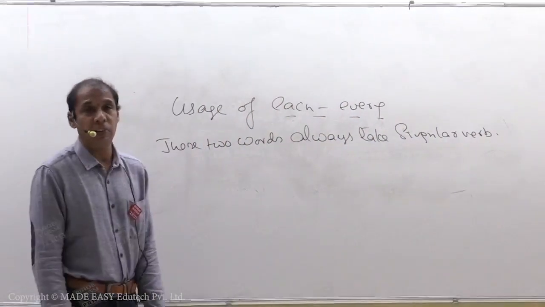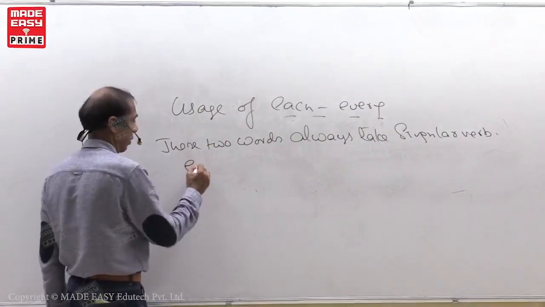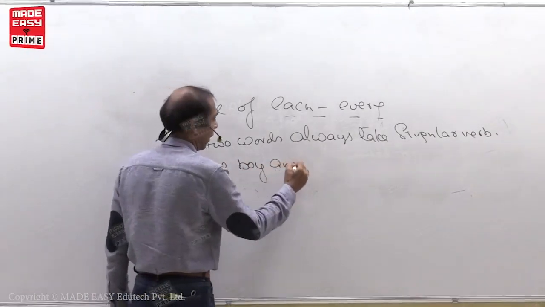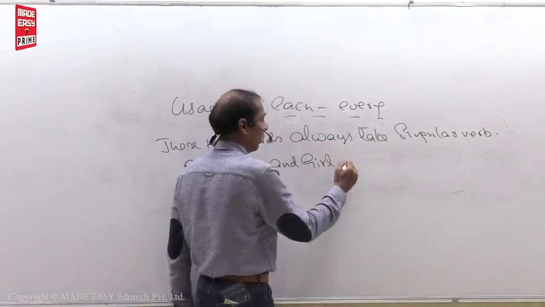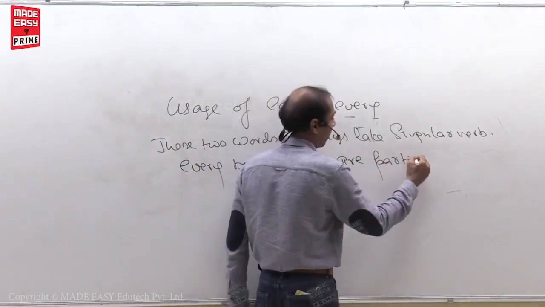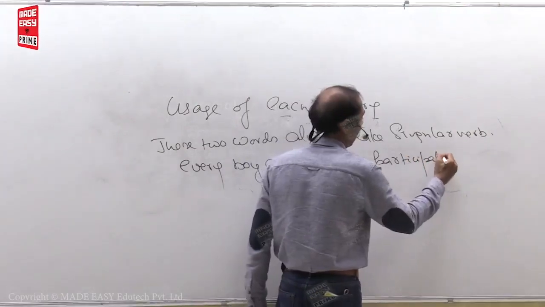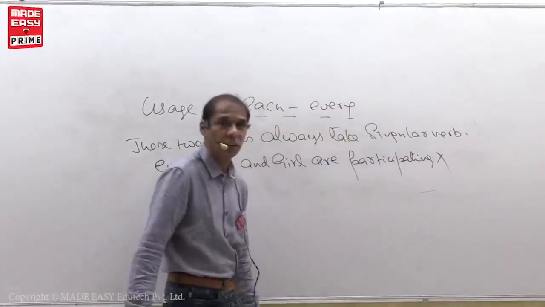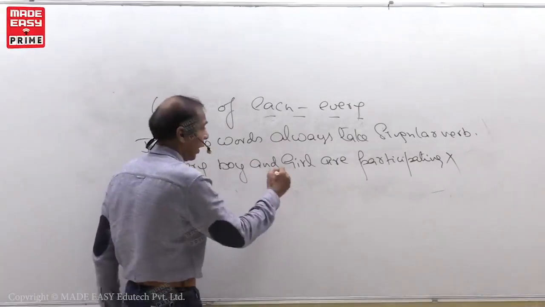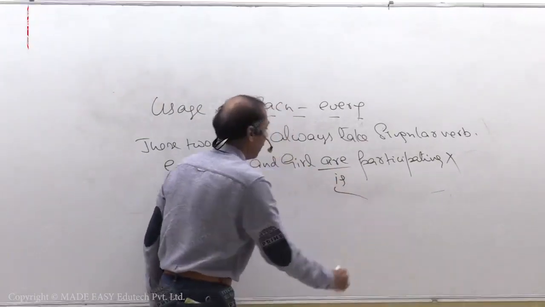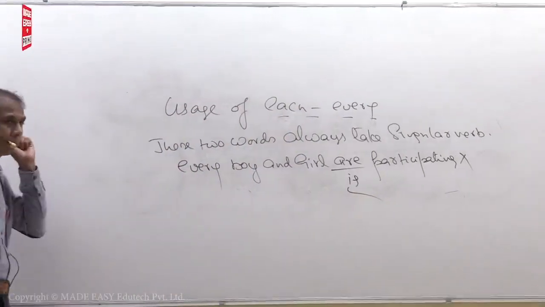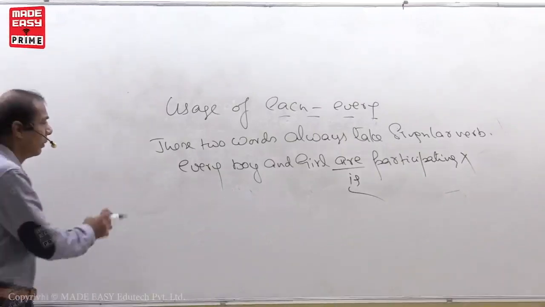For example, every boy and girl are participating: wrong. Every boy and girl is participating. The words every and each always take a singular verb. Okay?